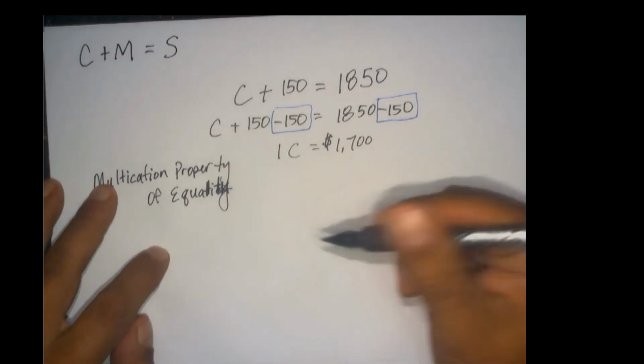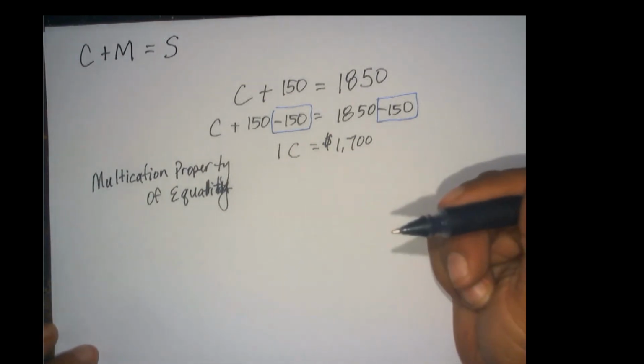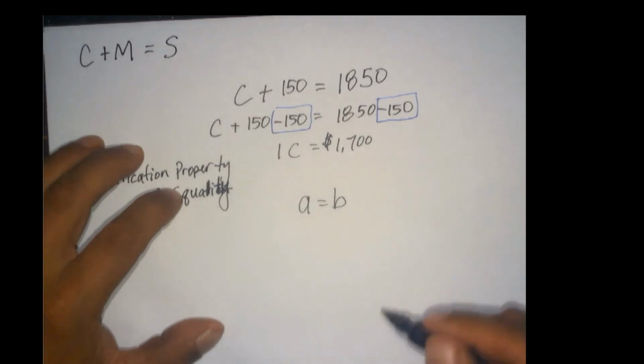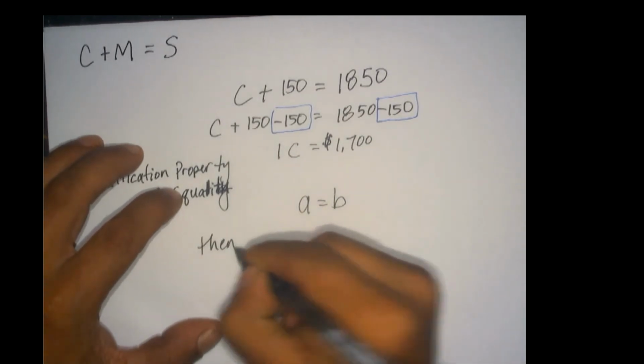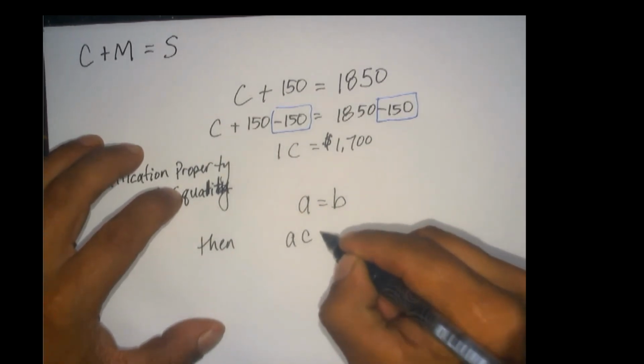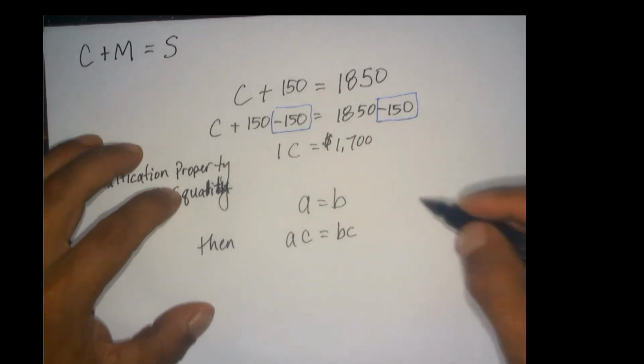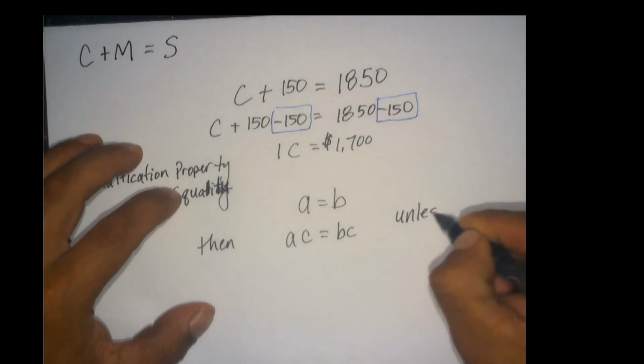Okay, so instead of A plus B, if A equals B, then AC is equal to BC. Unless, what?